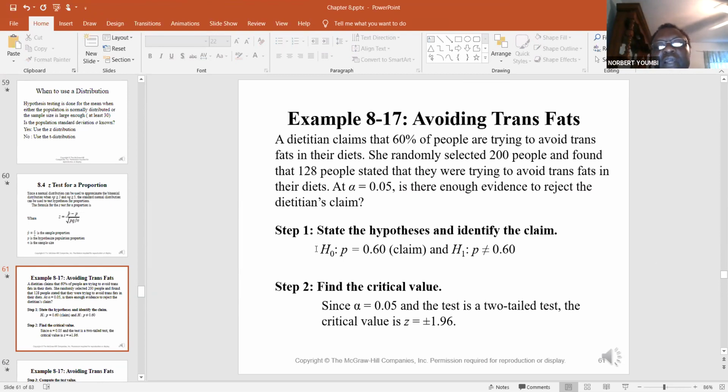So the claim here is that p equals 0.6. It is the null hypothesis. So we already know that our conclusion will be about reject or not reject. Because it is a two-tail test, with alpha equal to 0.05, 1.96 is the critical value.